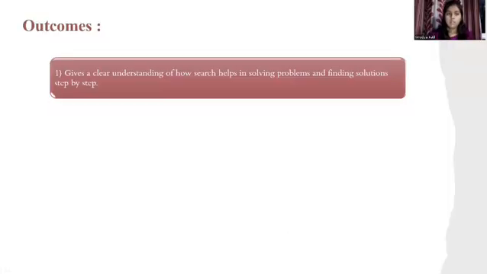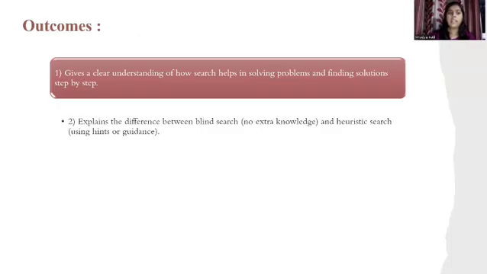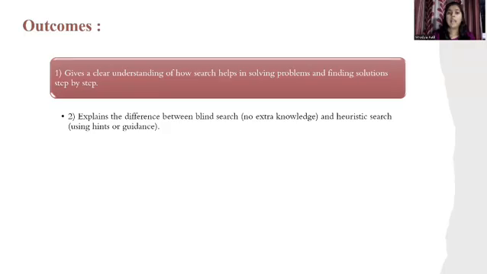Outcomes. First outcome is to give a clear understanding of how search helps in solving problems and finding solutions step by step. Second, explain the difference between blind search, with no extra knowledge, and heuristic search using hints or guidance.